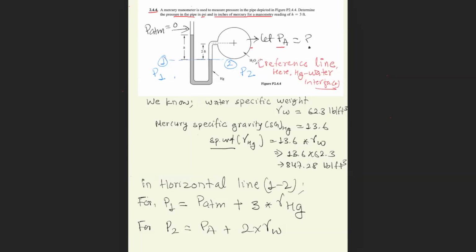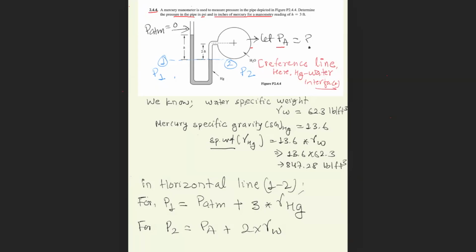And there is a rule: suppose points 1 and 2 have the same elevation and are in the same fluid, so we can consider that as a reference line where pressure 1 is equal to pressure 2. That is, we have mercury here, so the pressure at these points will be the same.